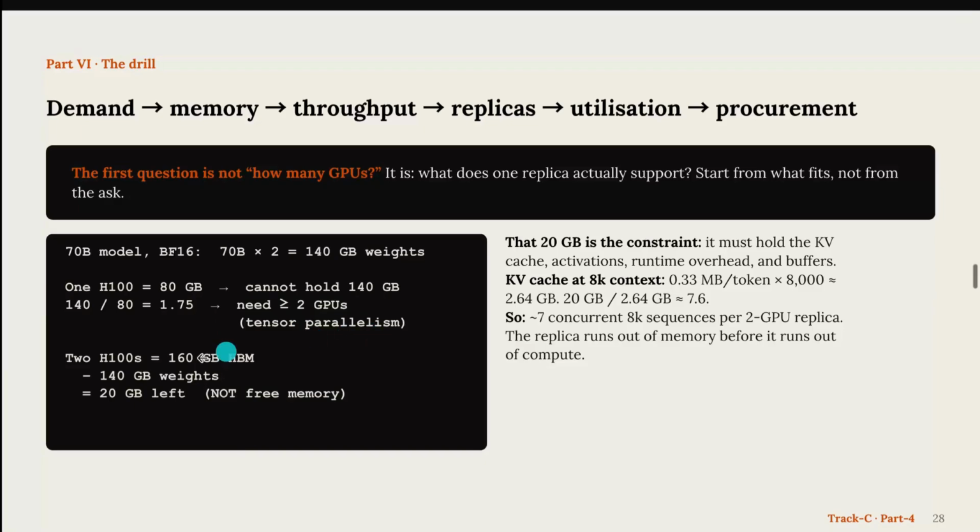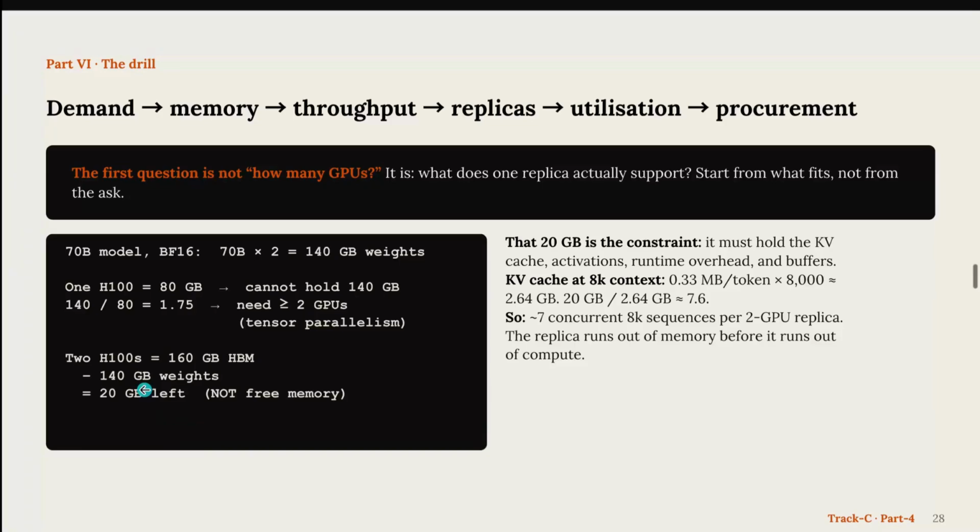So 2 GPUs give 160 GB of high bandwidth memory, minus the 140 GB weights, which leaves 20 GB. That is not free memory. This would be used by context memory, the KV cache, and other things as well.